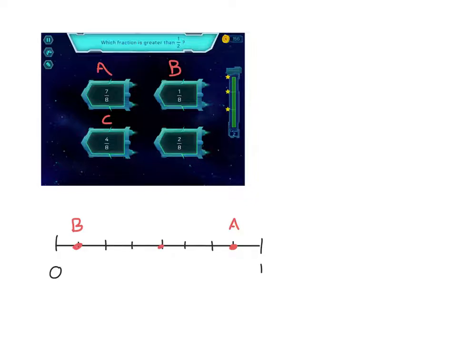Oh, let me try that again as C. And D. 2/8 would go right here. So if I'm looking for which one is greater than 1/2, well, here's 1/2, which is equivalent to 4/8. So the one greater is 7/8. So to make this choice, 7/8 is greater than 1/2. Using 1/2 again as a landmark or a benchmark fraction.